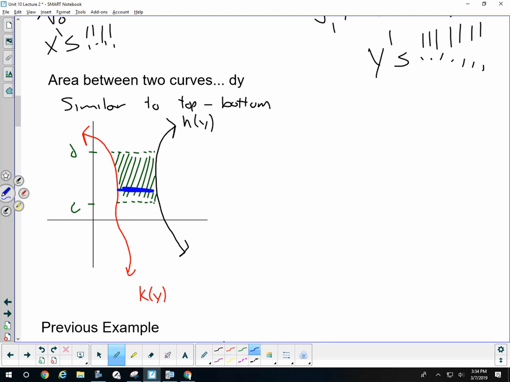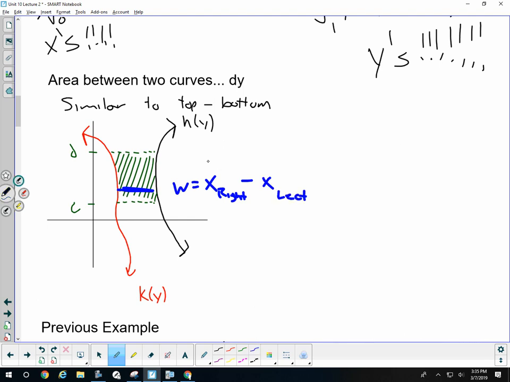What do you think I need to worry about? What would be the width of this rectangle right here? What is it, Mr. Schaefer? The right x distance minus the left x distance. It's the x from the right minus the x distance from the left.